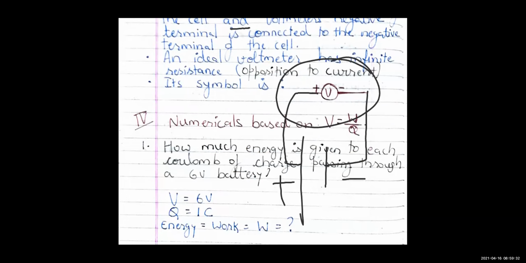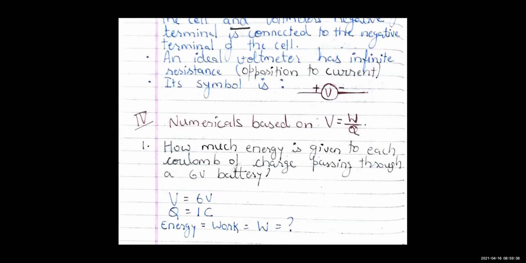Getting? And why it is connected in parallel? Because its resistance is very large. It won't allow the current to pass through them. From voltmeter, very less current will pass. Only maximum current is going to pass through the bulb.